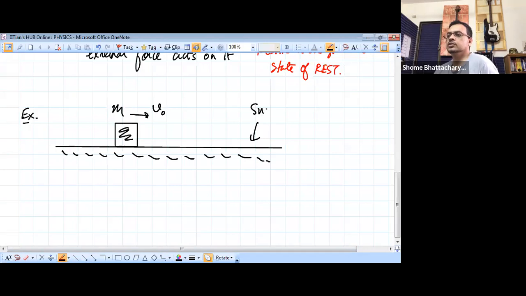So it's a smooth surface. Now we know that this body will continue in its state of uniform motion.